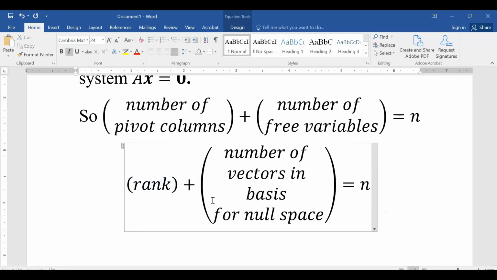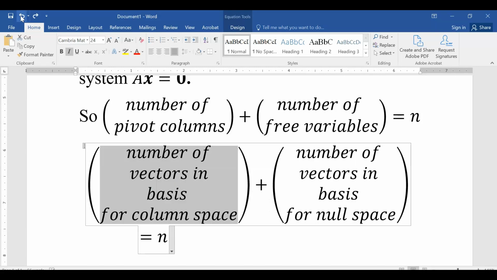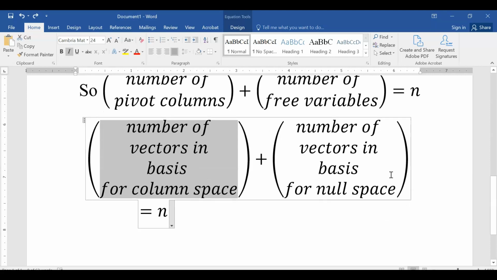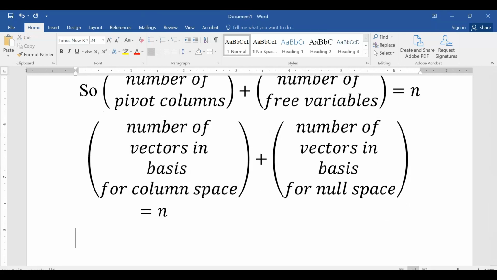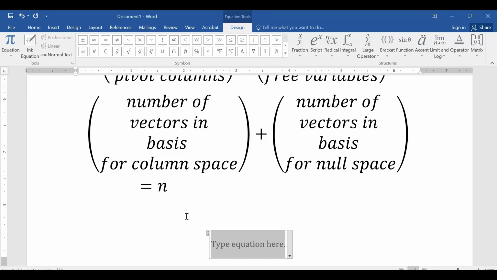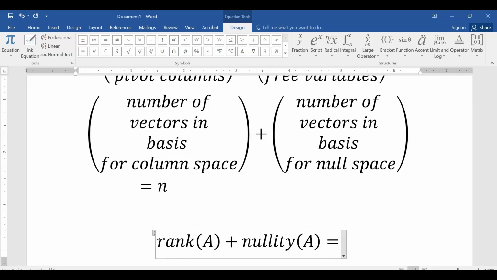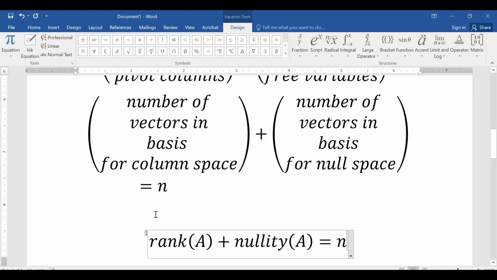Number of vectors in the basis for the null space is nullity. So what we get is that this means that the rank of A plus the nullity of A is equal to n.